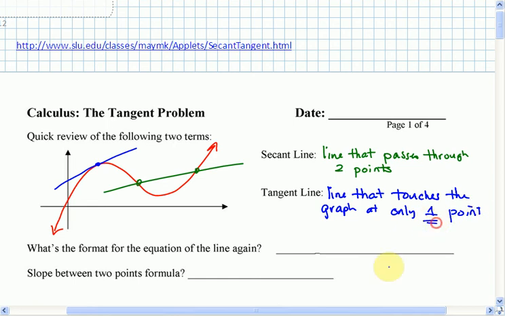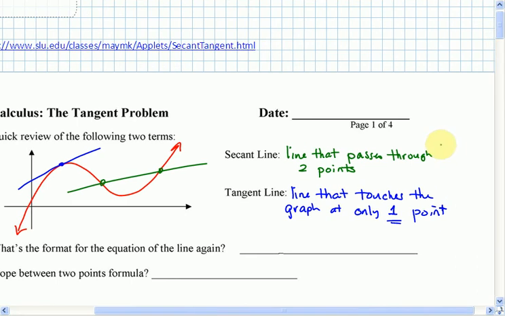Okay. Question from Katie. It could be more, but at least 2 points. So a secant passes through at least 2 points. Thanks, Katie.